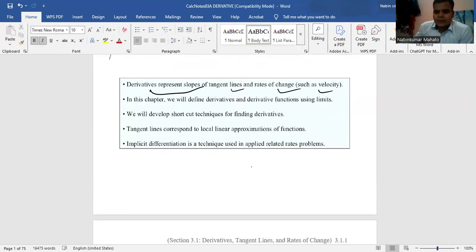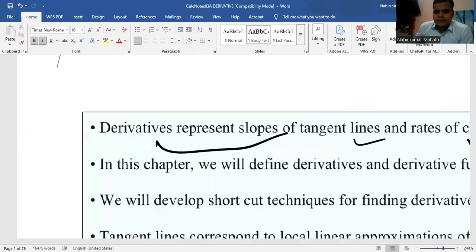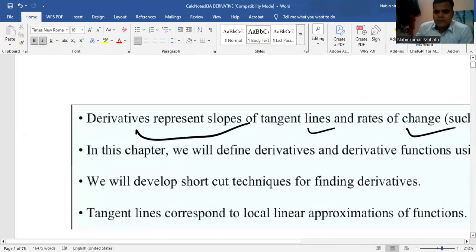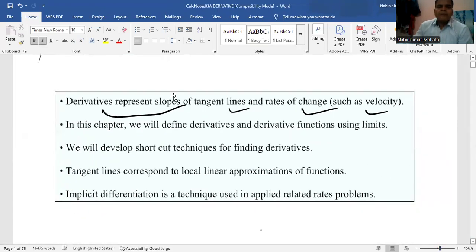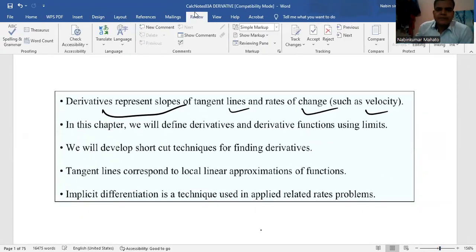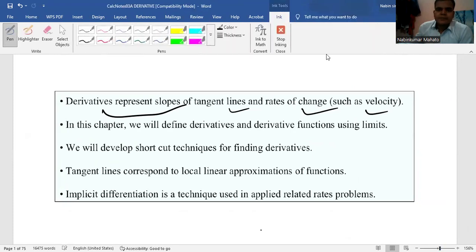I would like to zoom this. Look at this slope, just like that in the circle.